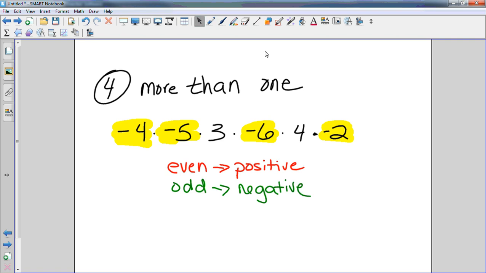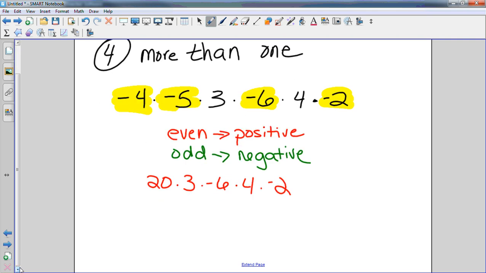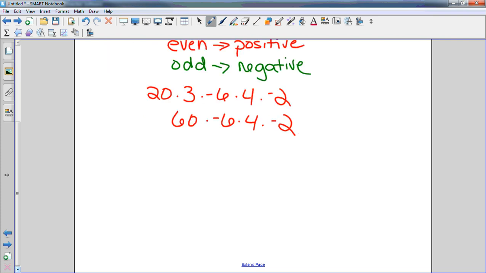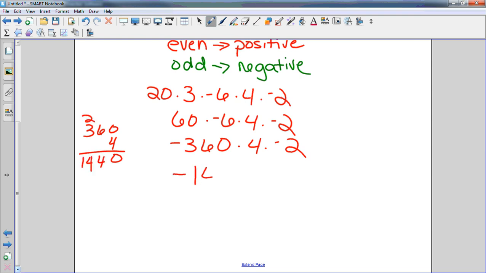So back in this problem, negative 4 times negative 5 gives me positive 20, times 3 times negative 6 times 4 times negative 2. 20 times 3 is 60, times negative 6 times 4 times negative 2. I'm just doing it one step at a time. 60 times negative 6 is negative 360, times 4 times negative 2. 360 times 4 is negative 1,440.